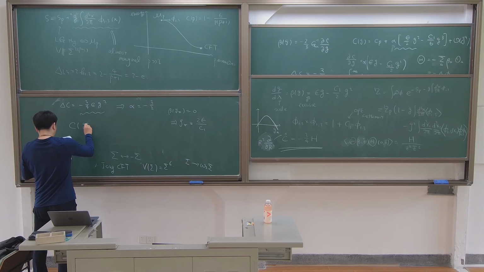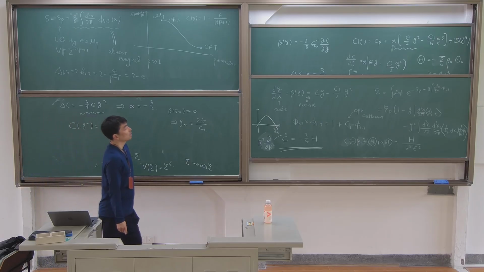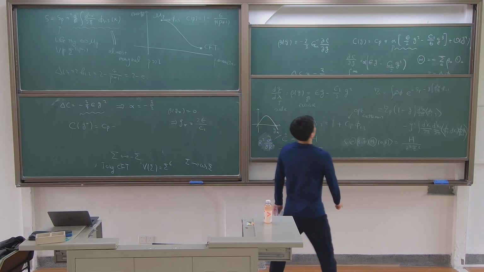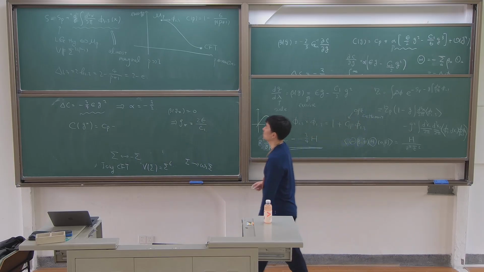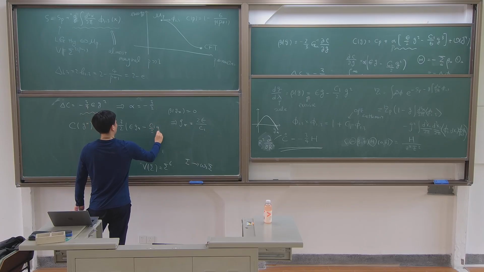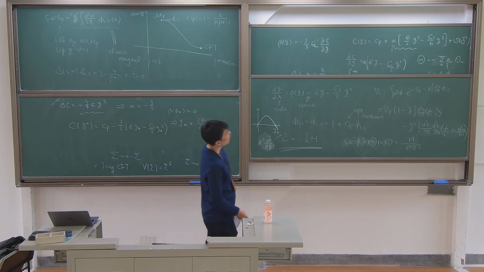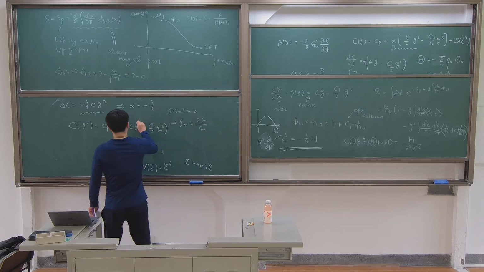Now let's plug in this value: 3 over 2 epsilon G star minus C1 over 2 G star squared, like this way. Sorry, square and cube.